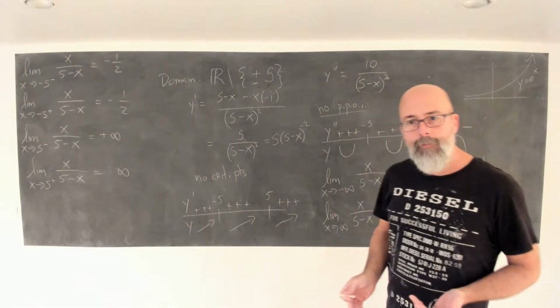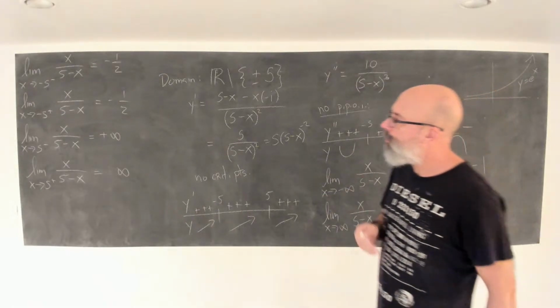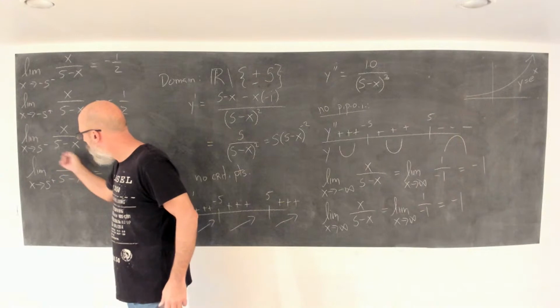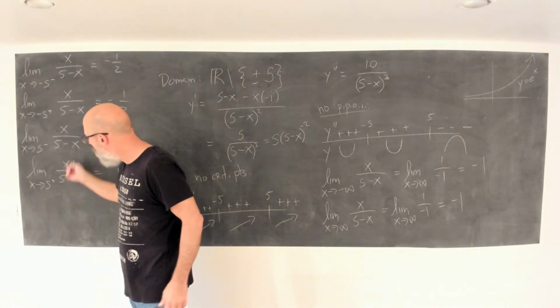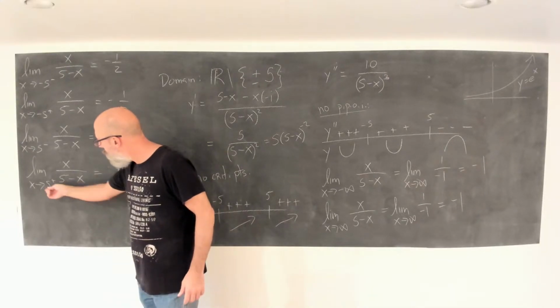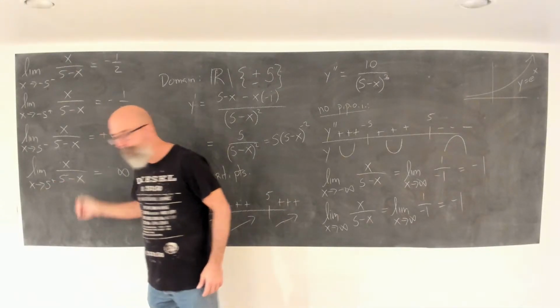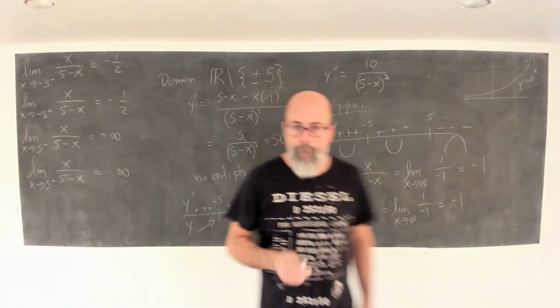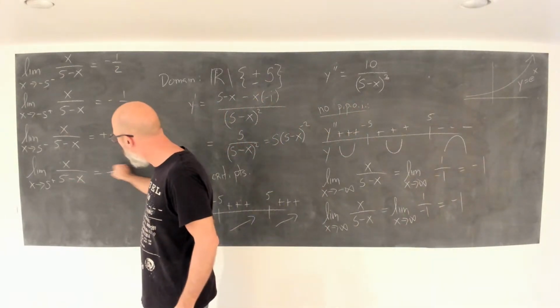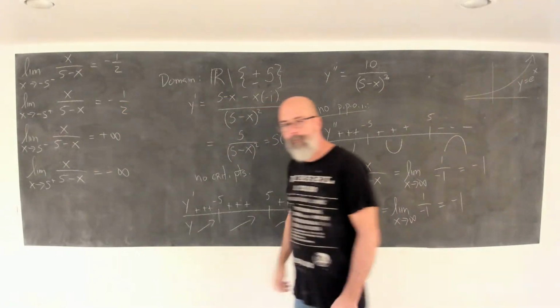They don't. You should take a moment to work it out. If you take a number close to 5, the numerator is going to be close to 5, so positive. 5 minus something bigger than 5 is going to be negative. So positive on top, negative on the bottom, the whole thing is negative.